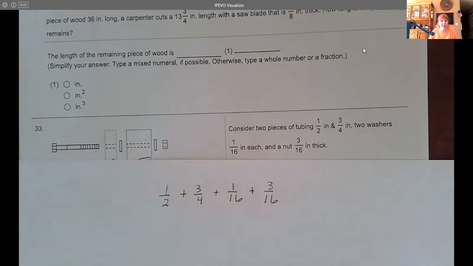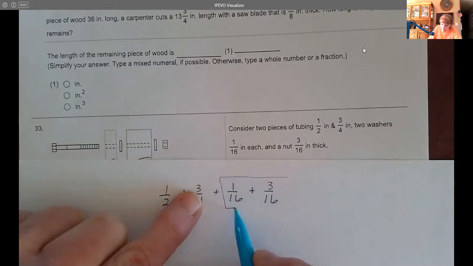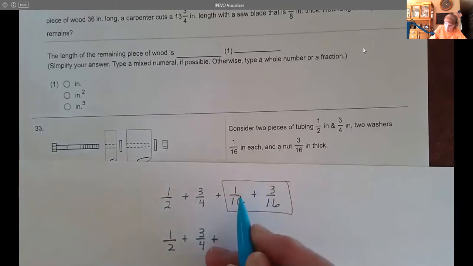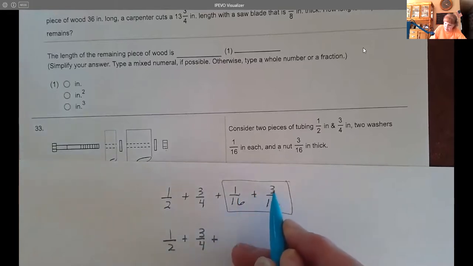Now you could add the 16ths together if you wanted to, because these 2 have a common denominator. So let's go ahead and do that. 1/16 plus 3/16 is 4/16.